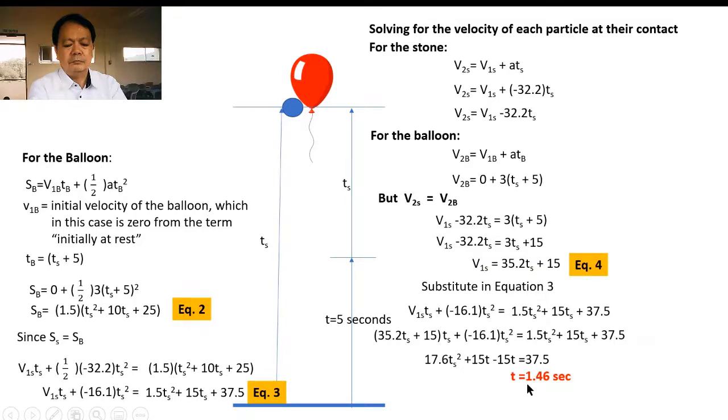Now finally, this T, equal to 1.46, is substituted in equation 4, and thus we can solve for the initial velocity of the stone, which is 35.2 times Ts plus 15. When Ts is substituted at 1.46, our value for the initial velocity will be 66.4 feet per second.